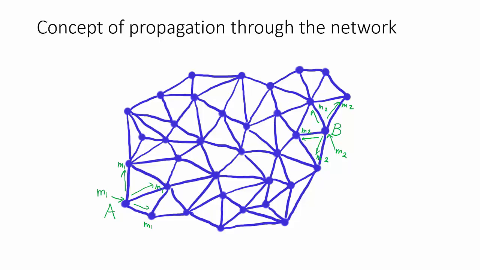It is clear that node A and its surroundings will have M1 before M2. It is also clear that node B and its surroundings will have M2 before M1. And this process will continue, all of them sending the messages on.